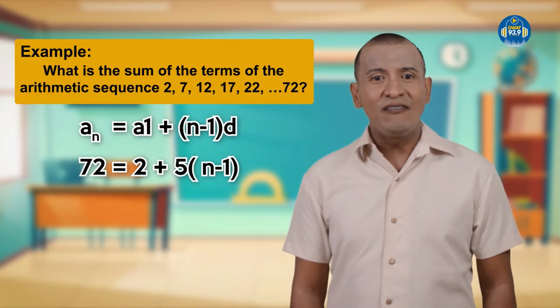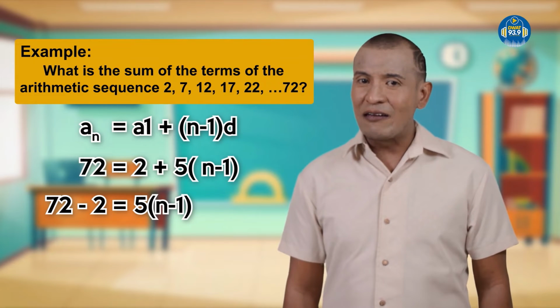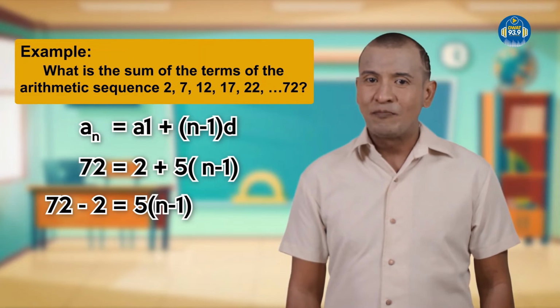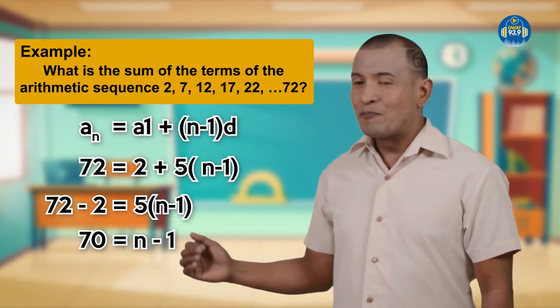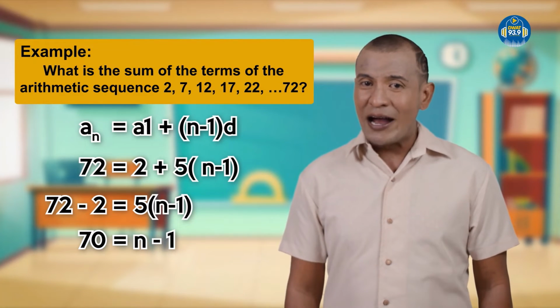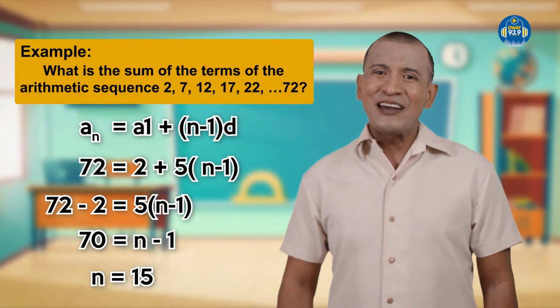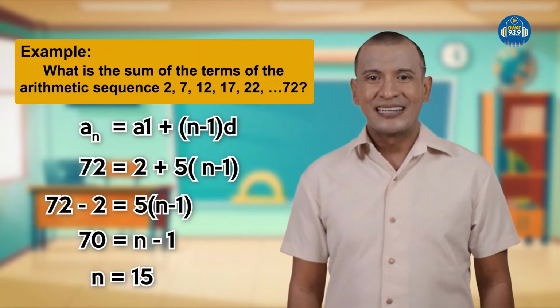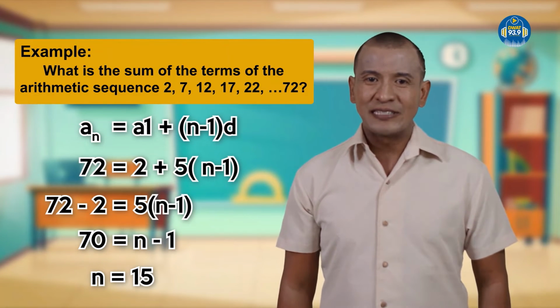And then we have 72 minus 2 equals 5 times n minus 1. Simplifying, we have 70 equals n minus 1. And solving for n, we have n equals 15. Therefore, the arithmetic sequence has 15 terms.